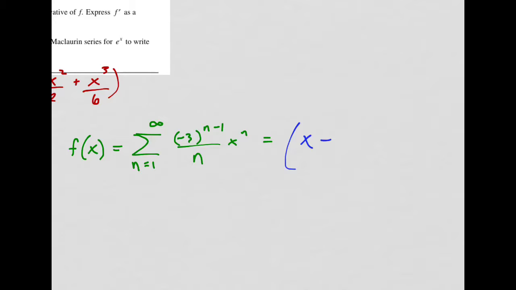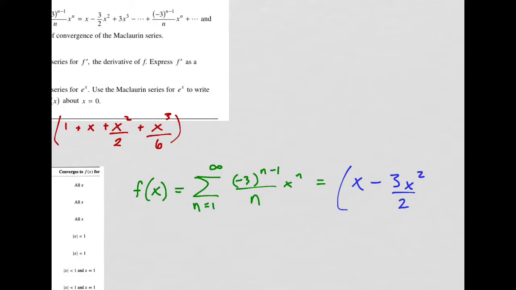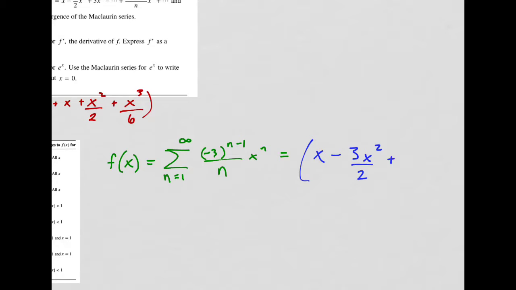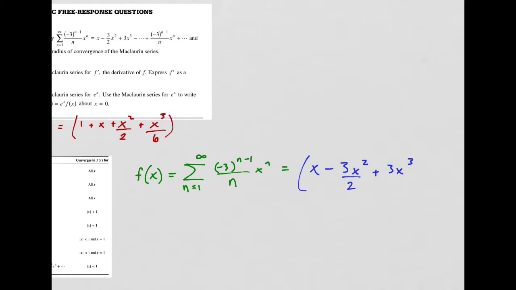For n equals 2, 2 minus 1 is 1, so that'll be minus x to the second power divided by the n factorial term. I'll just keep writing it. Actually, I don't need to go anything above plus 3x cubed. So I have the rest of that.